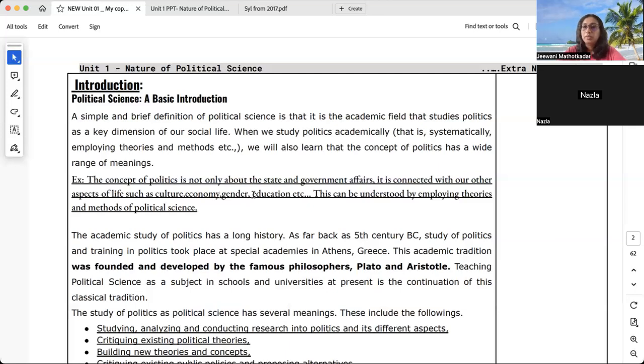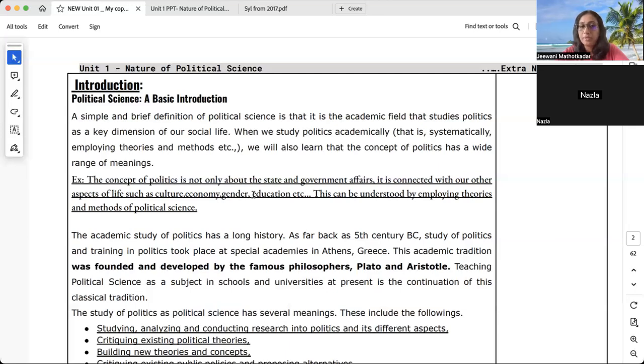Okay. So when you consider the concept of politics, it is not only about state and government affairs. As I told you earlier, politics is connected with our other aspects. Our cultural elements can be decided by politics.